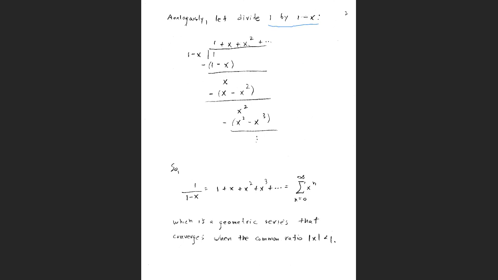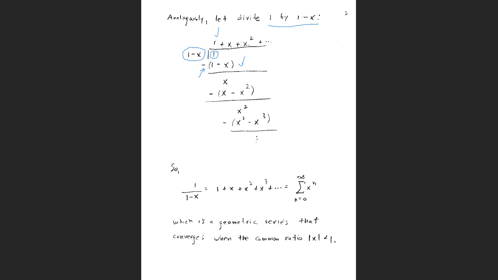I'm going to put the 1 here, and the 1 minus x on the outside. 1 minus x goes into 1 one time. 1 times 1 minus x is 1 minus x. Then I have to subtract the 1 minus x from 1. That negative distributes, right?